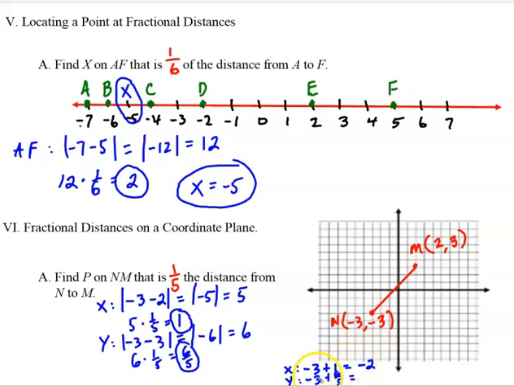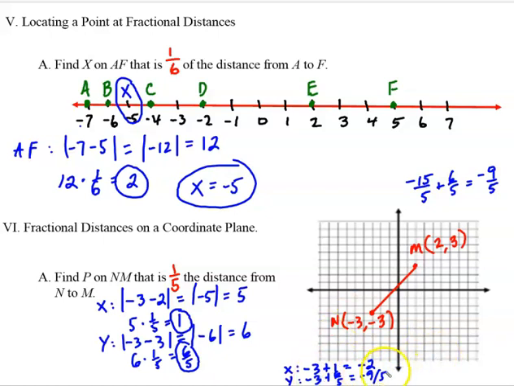If you want to do fraction work, you could change -3 into -15/5. So let me just come up here where it's easier to see. So -15/5 plus 6/5 is -9/5.